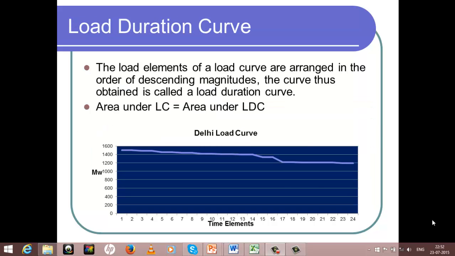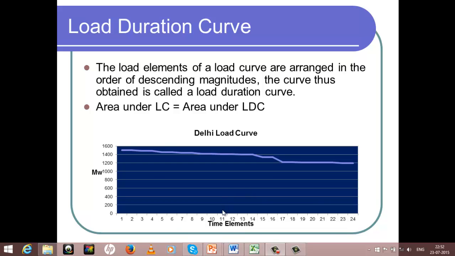Load duration curve. The load curve data, if we arrange in descending order and then plot the curve, we will get the load duration curve. In that case, we need not talk about the x-axis in hours, because you have sorted completely, there is no arrangement.